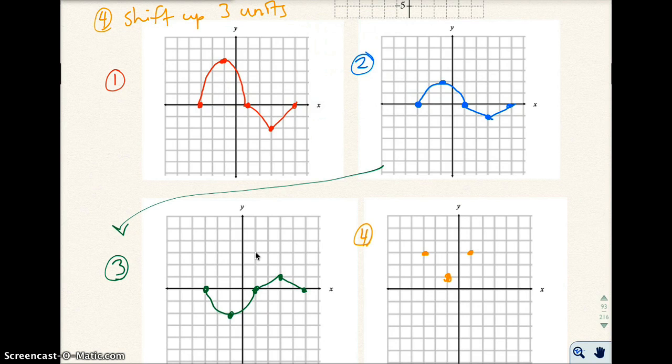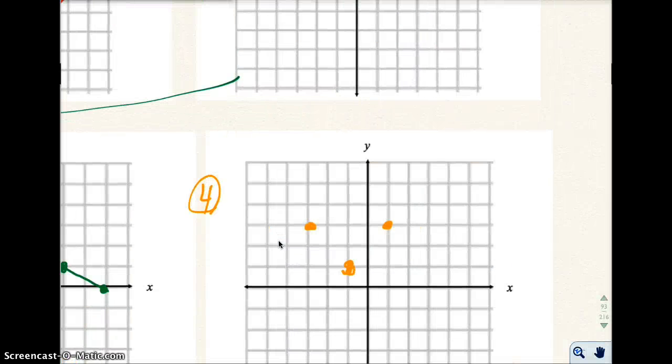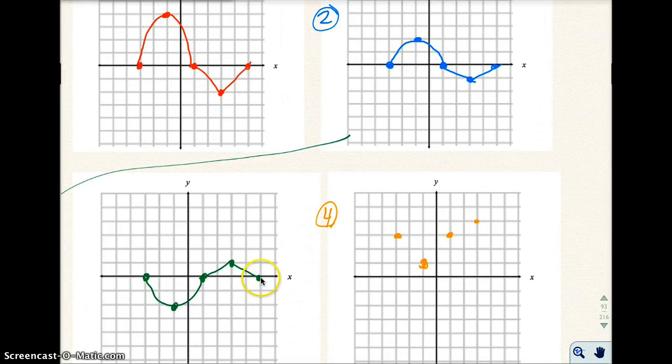This point goes 1, 2, 3. This point goes up 3. 1, 2, 3. I have a curve right here, then the point there. This is my final graph.